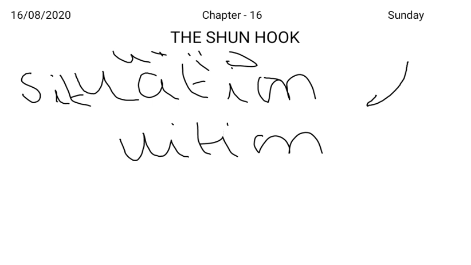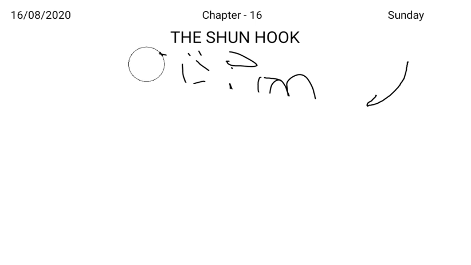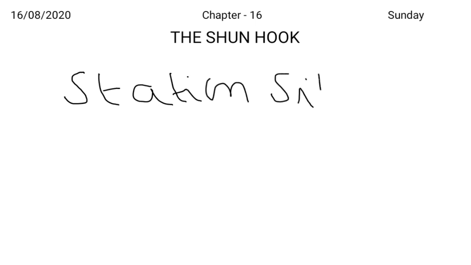For example, station, situation. Station, it is only Shun.